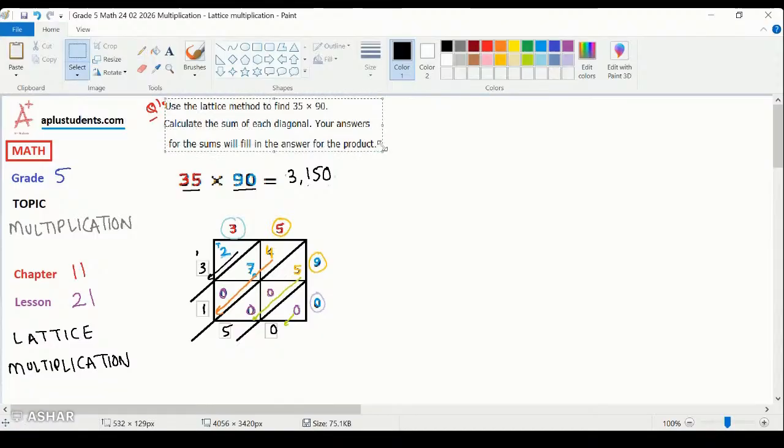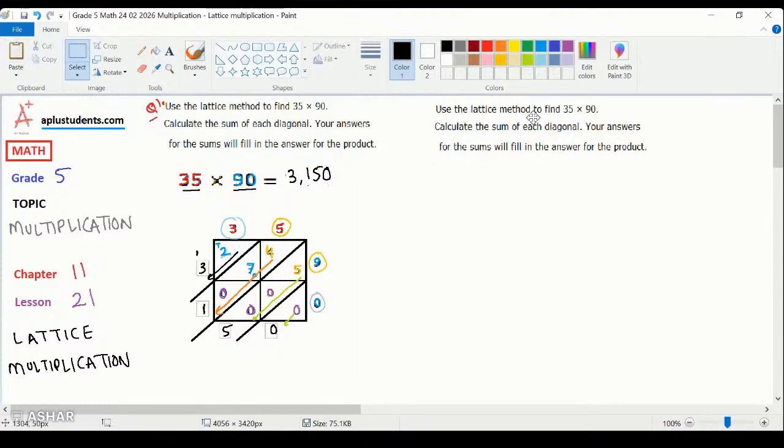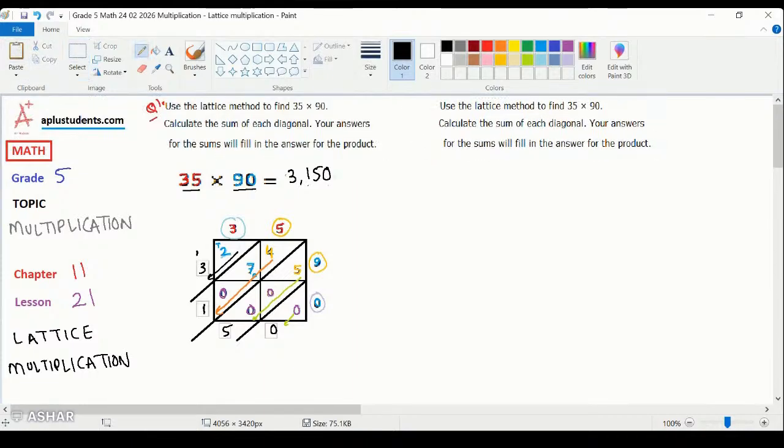Let's say for question number 2, if we are given the numbers, we can pick our own numbers, right? We can say 52 is multiplied by 61. Agreed? Let's try to find the answer for 52 multiplied by 61. Let's see what could be the answer.